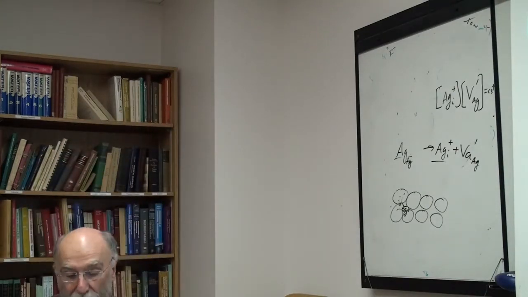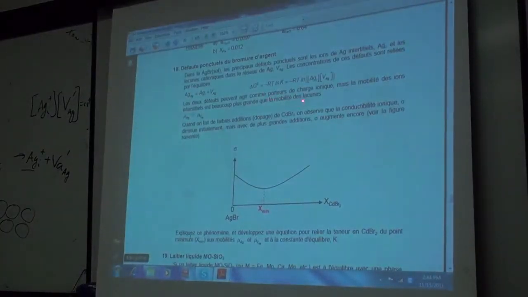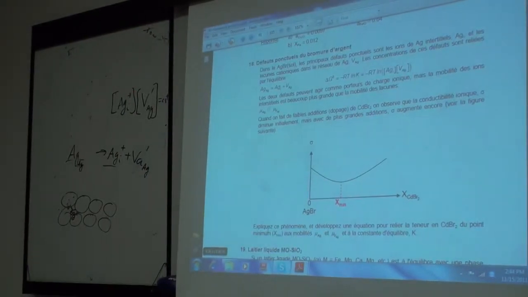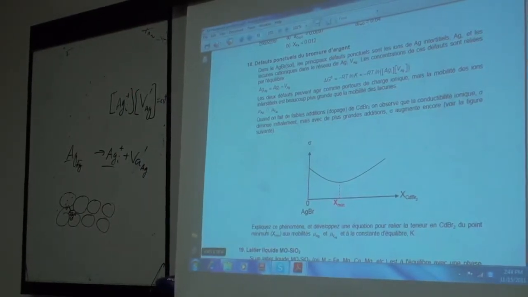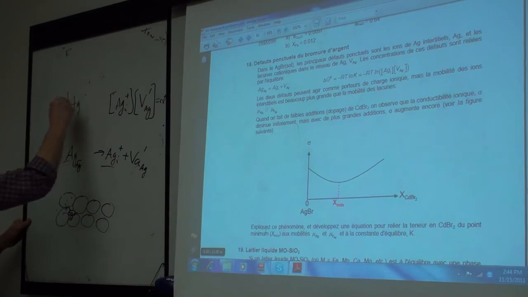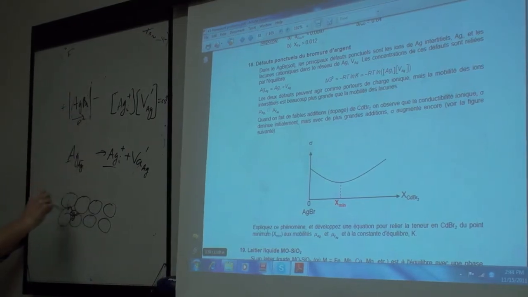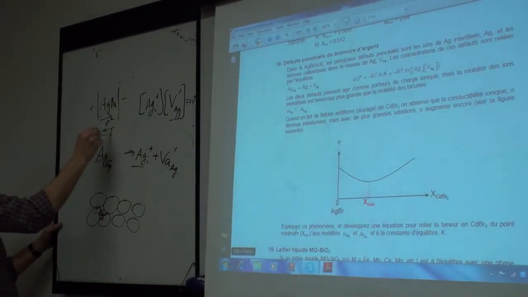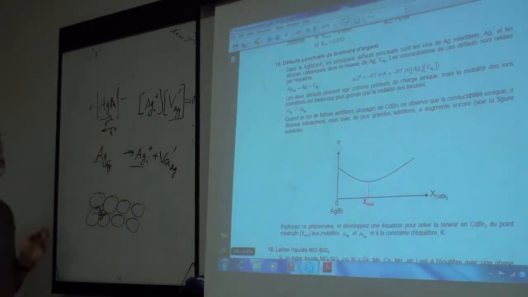Now, this is the interesting thing. The two defects can act as charge carriers. This acts as a positive charge carrier. If you put your silver bromide crystal between two electrodes, you'll find that vacancies move one way and positive holes move the other way as silver ions.